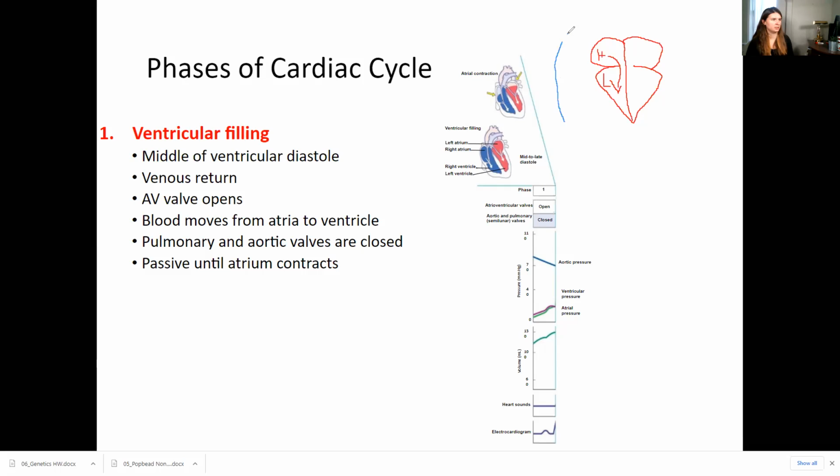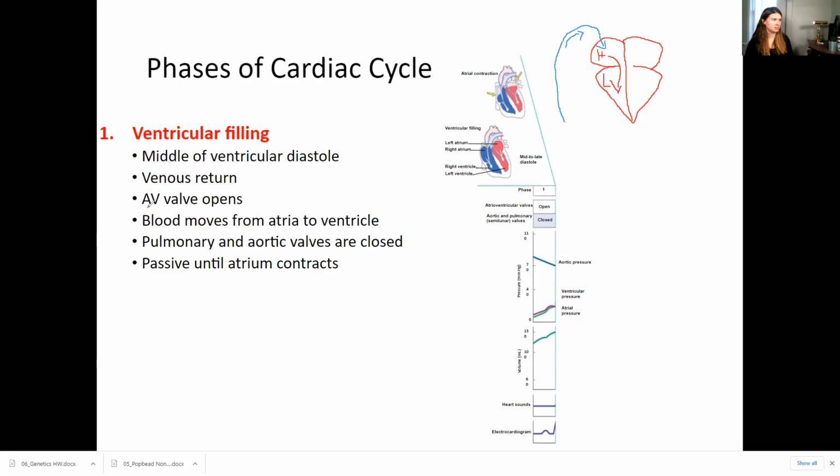We have our vena cava, superior and inferior, bringing blood continuously to the atria. As there's more volume, that increases pressure. More volume in the same amount of space means more pressure. So as blood comes into the atria, it raises pressure in the atria, which means blood flows into the ventricle.